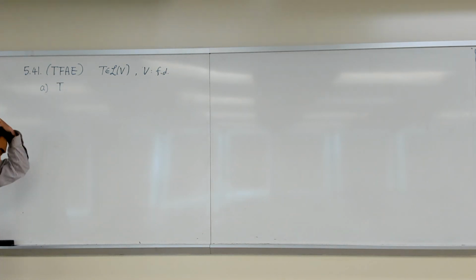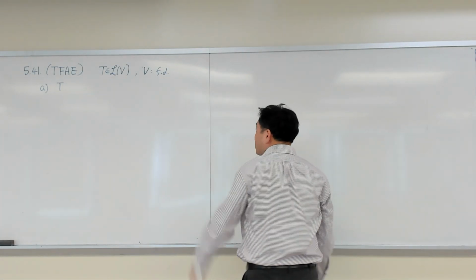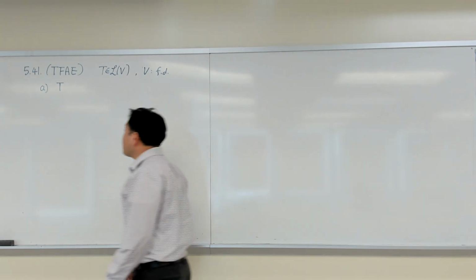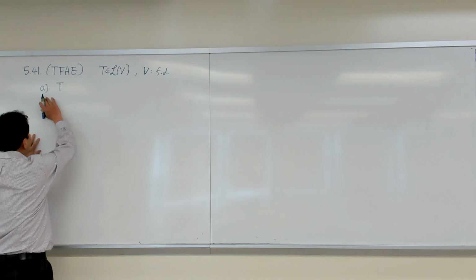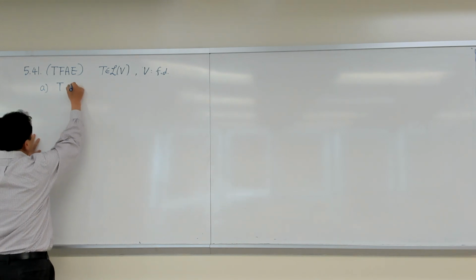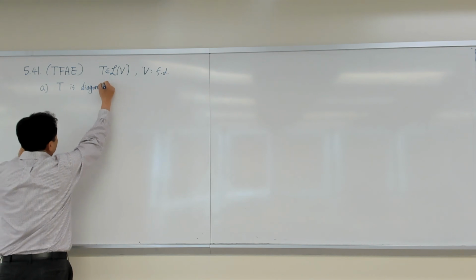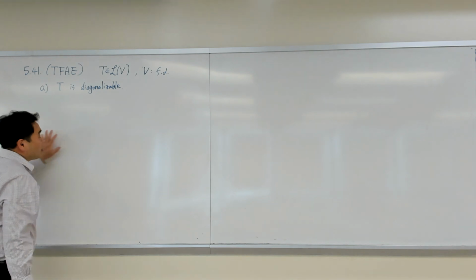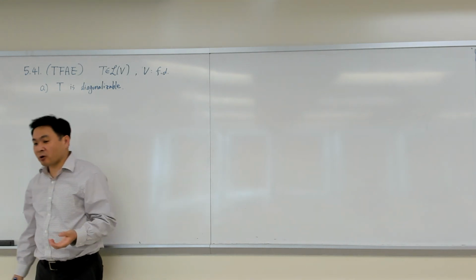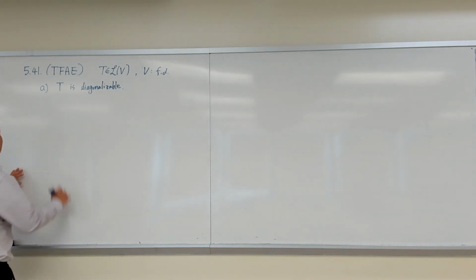So, yeah, at some point we are limiting our discussion only to finite dimensional vector spaces. Okay. So T is diagonalizable. And that means there exists some basis where the matrix of T is a diagonal matrix.